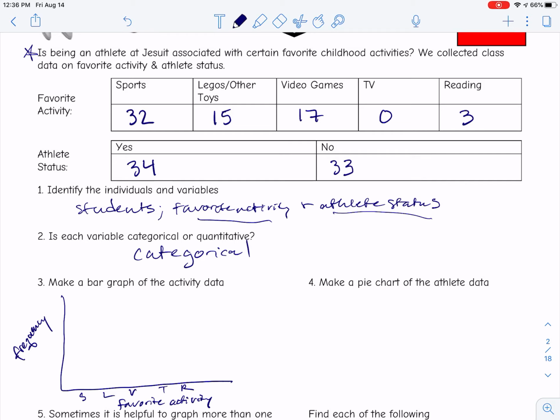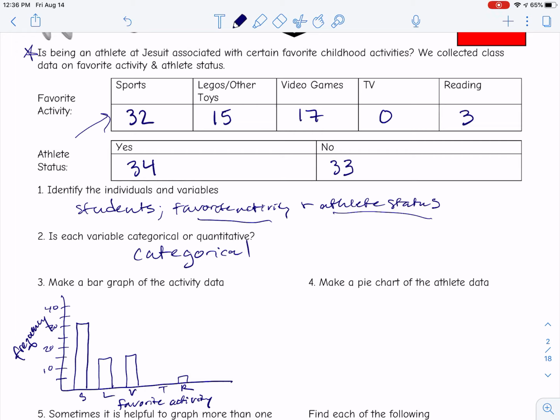For my scale, since we go up to about 32, I'm going to mark it off 10, 20, 30, 40. Okay, so sports, we're at about 32. Legos, 15. Video games, a little higher at 17. None for TV. And reading, we have a count of 3.